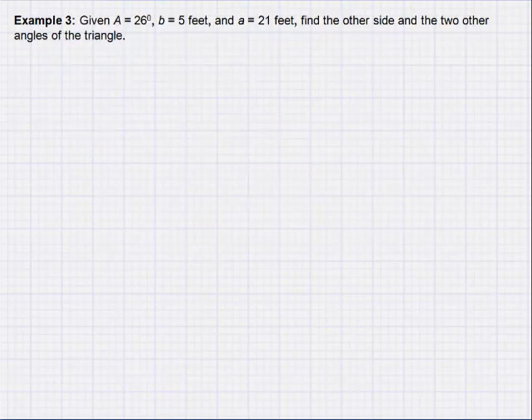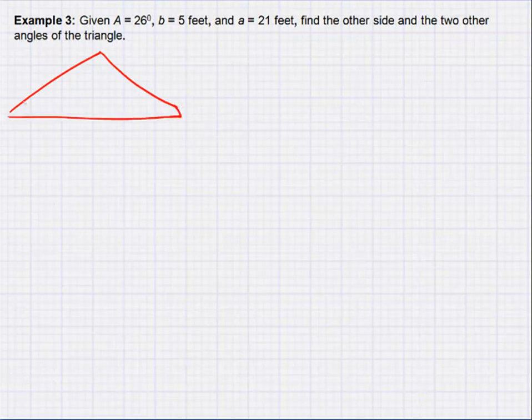So here we go. Given A, B, A, find the other side and 2 angles. So draw a random triangle. Look at what's given. Think about what we have. A, B, C, and the given values are 21, 5, 26.